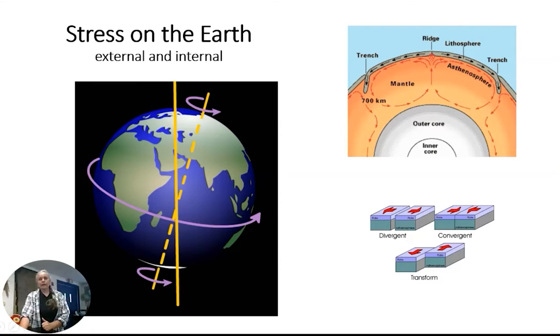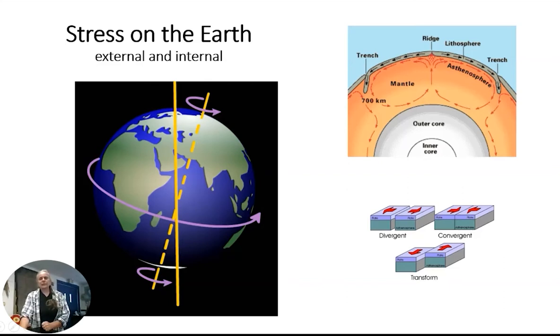The equator is moving about 1,000 miles per hour. But then if you go all the way up to the North Pole, where the polar bears live, they are only going very slowly, and sometimes not at all, because that's the axis of our rotation. And so this all causes stresses on the surface of our Earth.